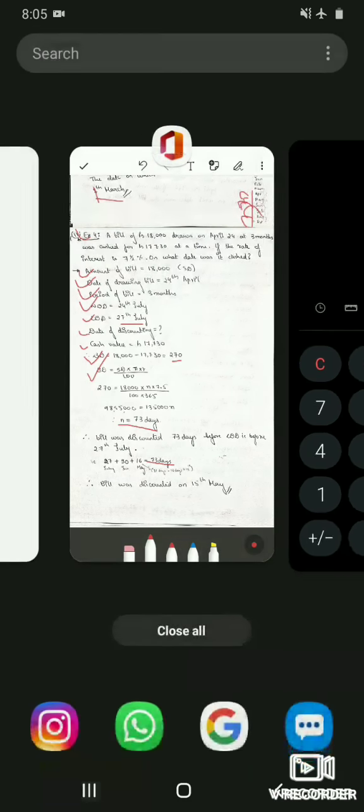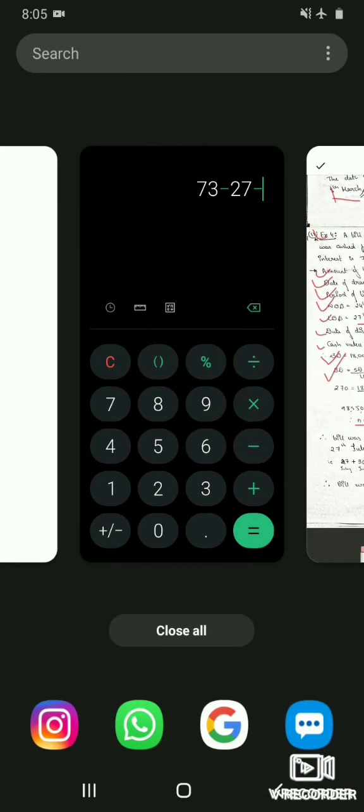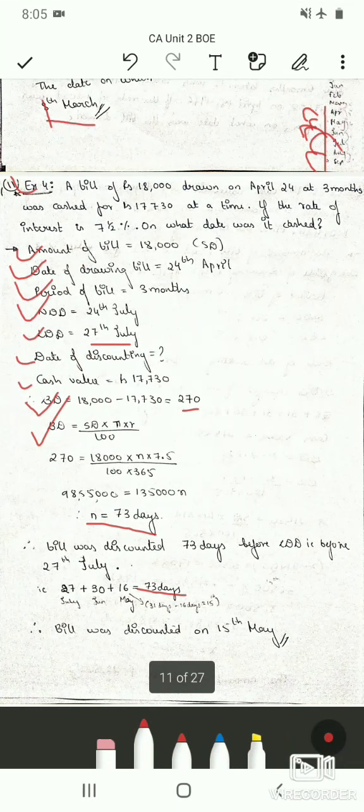Then you're going earlier. The bill will be discounted before the legal due date, so you have to go in the reverse order. Then June has how many days? 30 days, 13 days, and the remaining 16 days will be from May. So May 15th will be the date of discounting.